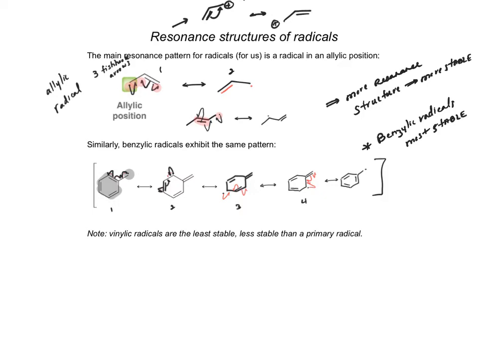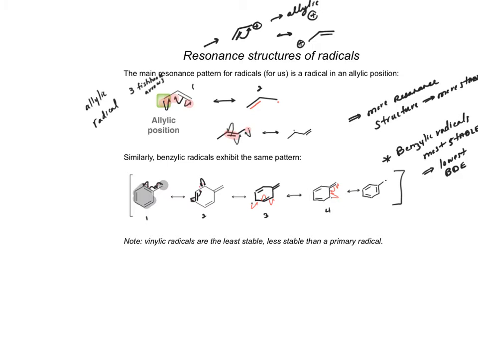In terms of bond dissociation energy, the carbon-hydrogen homolytic bond cleavage reaction that produces that benzylic radical is going to have the lowest bond dissociation energy, the lowest BDE. Benzylic radicals are the most stable because they have lots and lots of resonance structures. If we go back up to our allylic radical and classify it as primary, secondary, tertiary, this would be a primary radical.